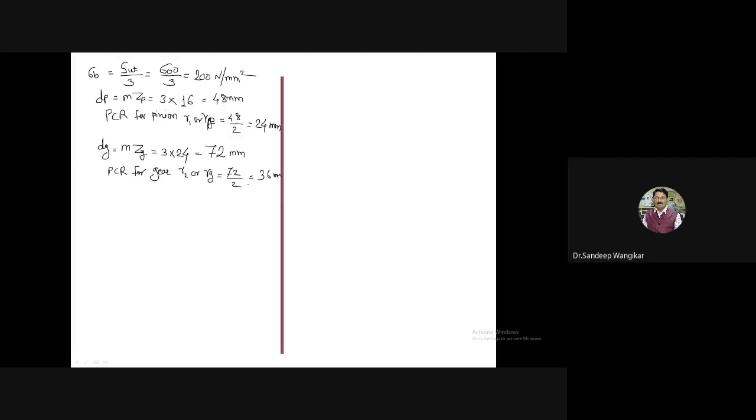Then, as the same material is there for pinion and gear, pinion is weaker and it is the criterion for design. So I will write here, this should always be your first step.